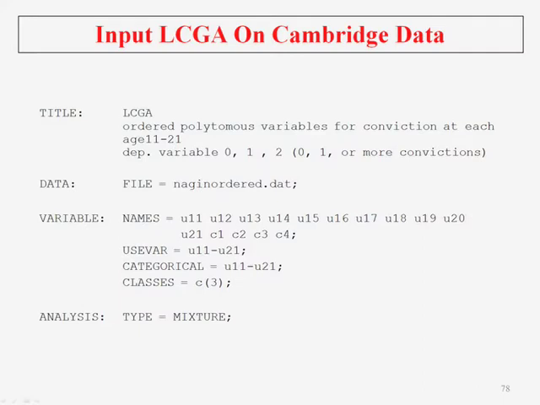And one of the special things we're going to be talking about is the LCGA model now, and then we're going to extend that to a growth mixture model. And the difference between an LCGA model and a growth mixture model is that an LCGA model does not allow variability of the growth trajectories within class.